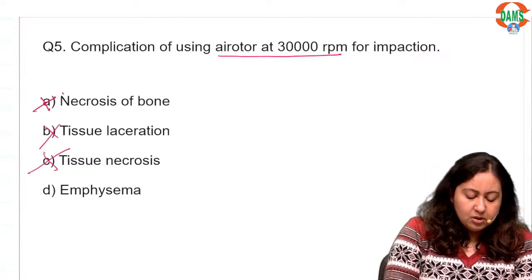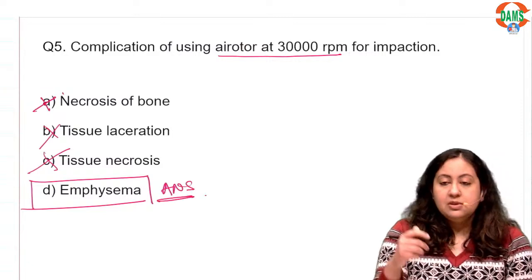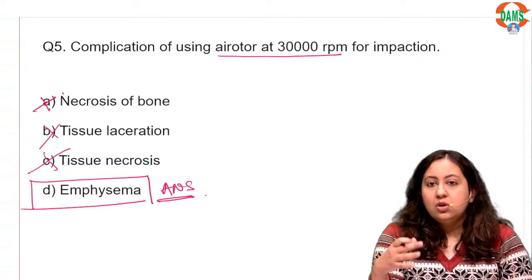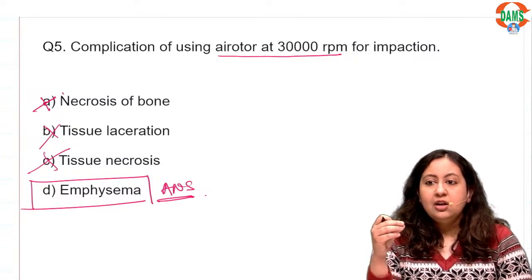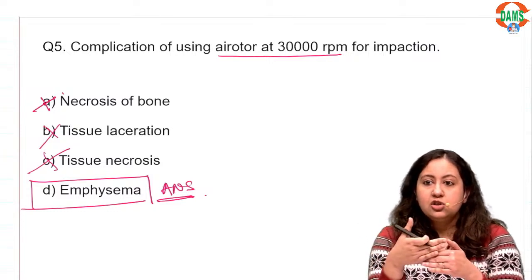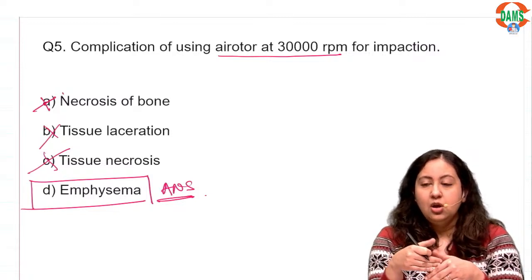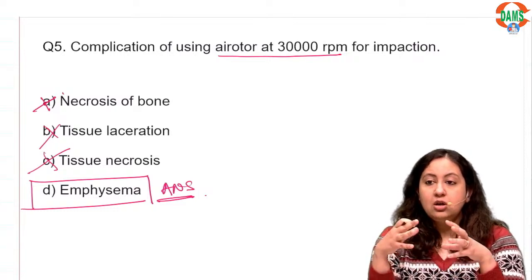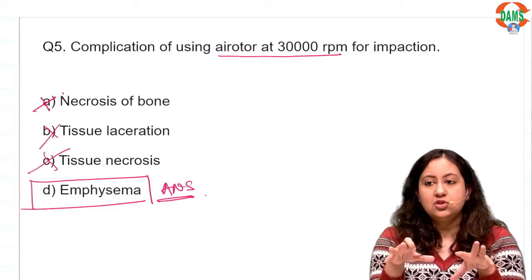Now I'll tell you the mechanism behind emphysema. If you compare a micromotor and an air rotor, the air rotor has extremely high RPM. While doing an impaction, you are working at the junction of the hard tissue and soft tissue, that is the bone and the soft tissue. So what can happen? The air rotor under high pressure can push large amounts of air inside the soft tissue.